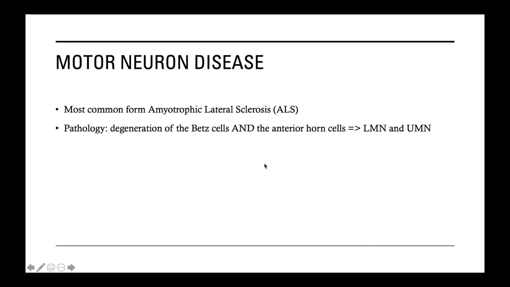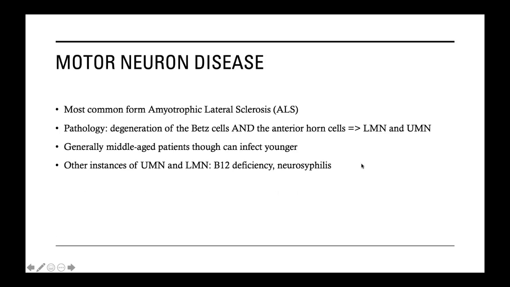The pathology is the degeneration of the Betz cells, so the upper motor neurons, and the anterior horn cells, which are the lower motor neurons, so upper and lower. It generally happens to middle-aged people, though it can, I didn't mean to say infect there, I meant to say affect the younger patients.